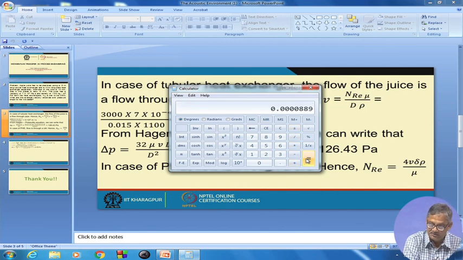So, this into 10 into 32 is equal to so much divided by 0.015 square.